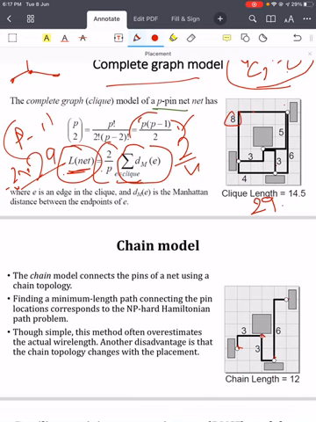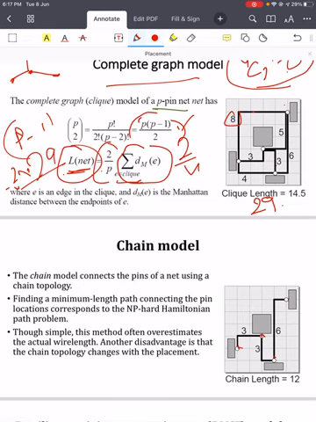This is basically a Hamiltonian path problem, and that is considered to be an NP problem. Though this seems to be a simple method, it often overestimates the actual wire length. Another disadvantage is that this chain topology completely changes with placement solutions.